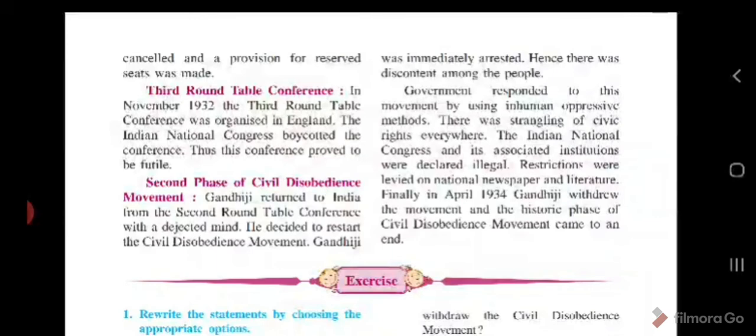The second phase of the civil disobedience movement: Gandhiji resumed the civil disobedience movement after his return from the second round table conference in England. He was arrested immediately, which created discontent among the people. The government resorted to inhuman oppressive measures.